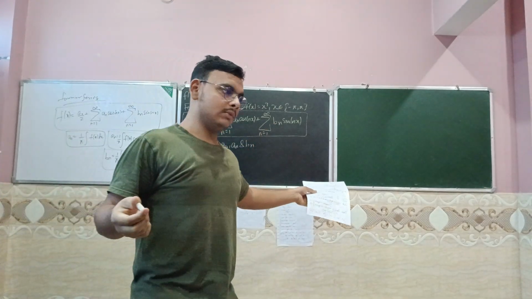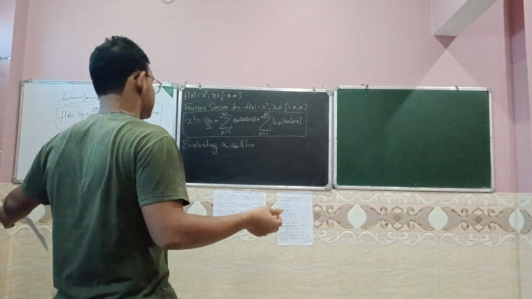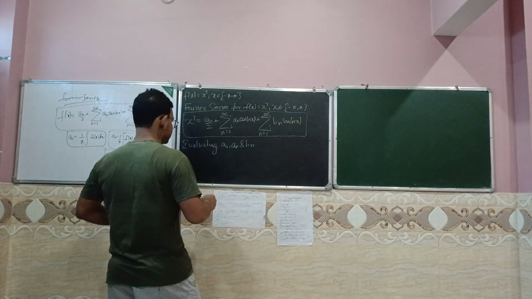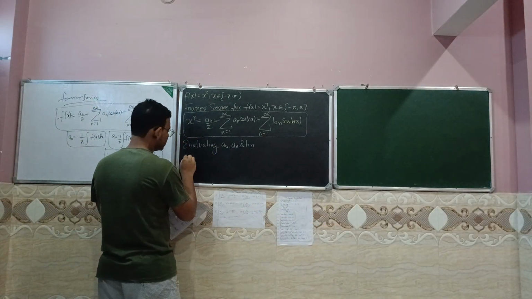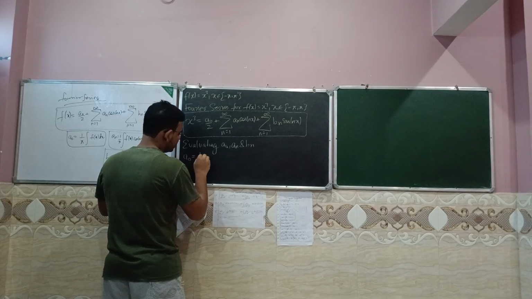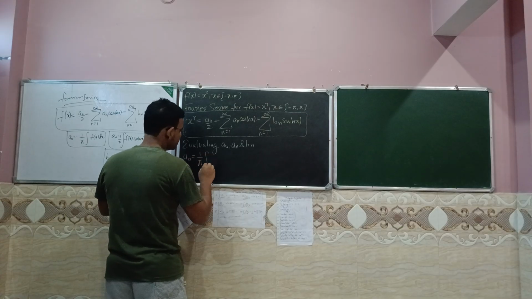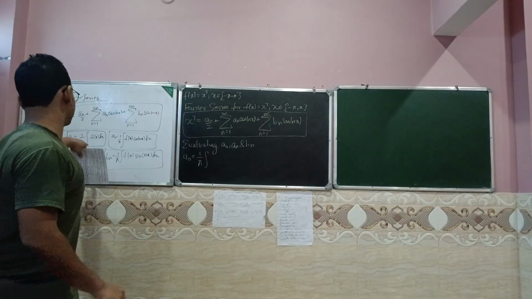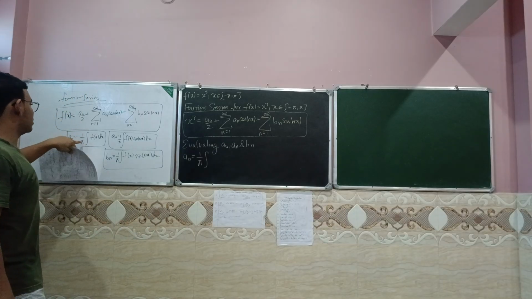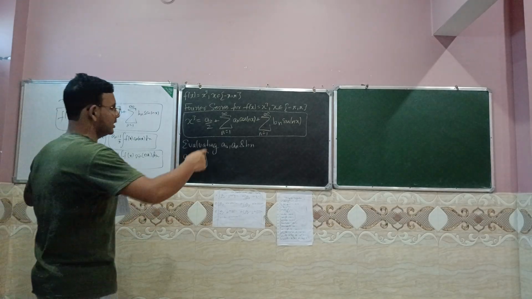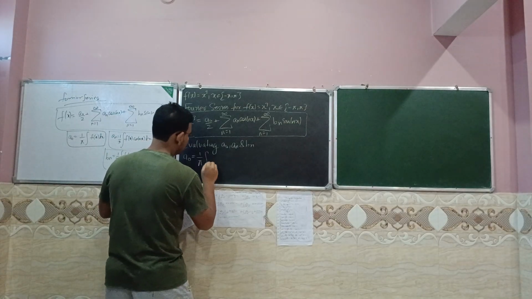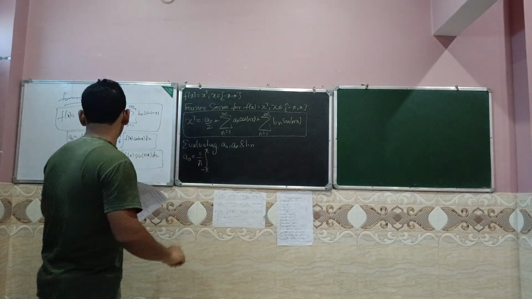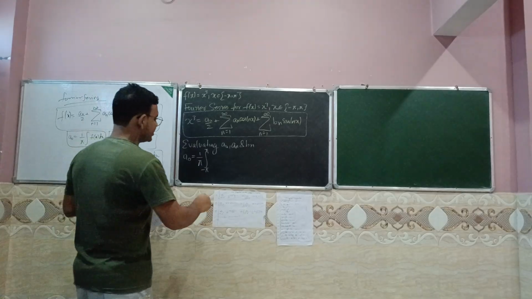For a naught, I told you that a naught is 1 over pi times the integral with limits negative pi to pi of f of x, which is x cubed.